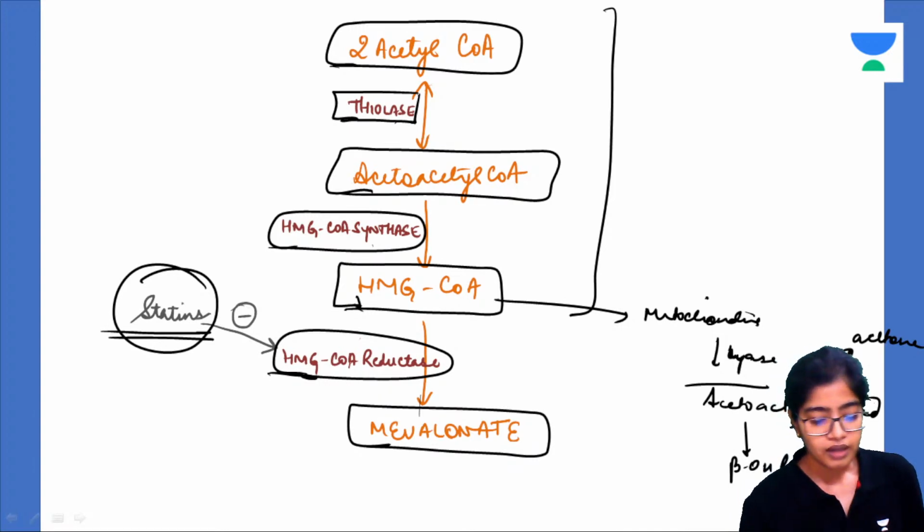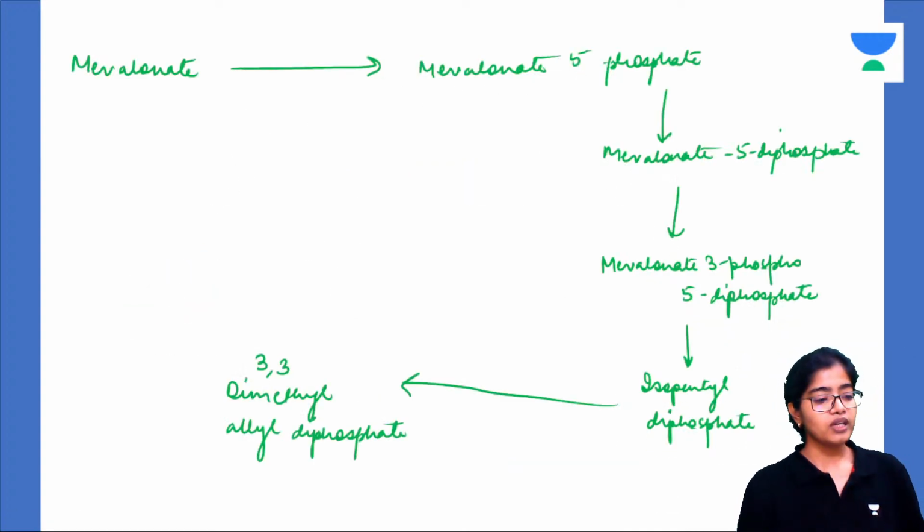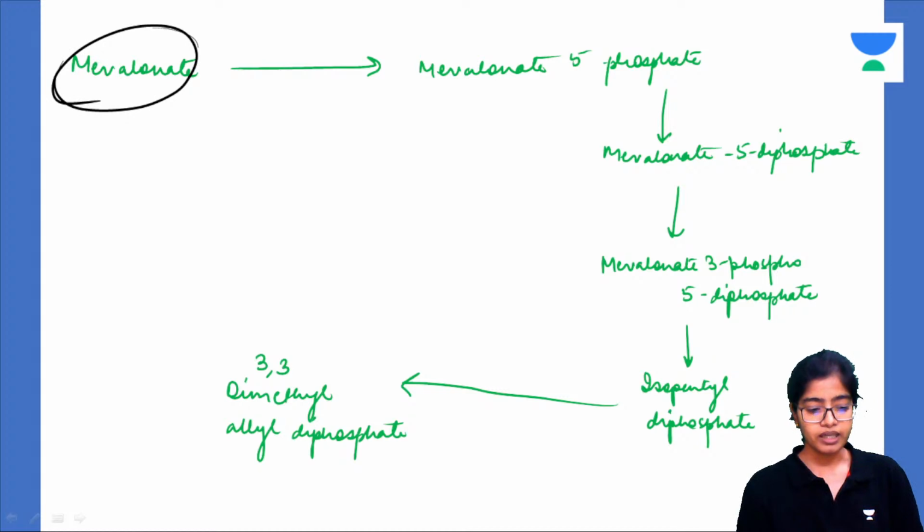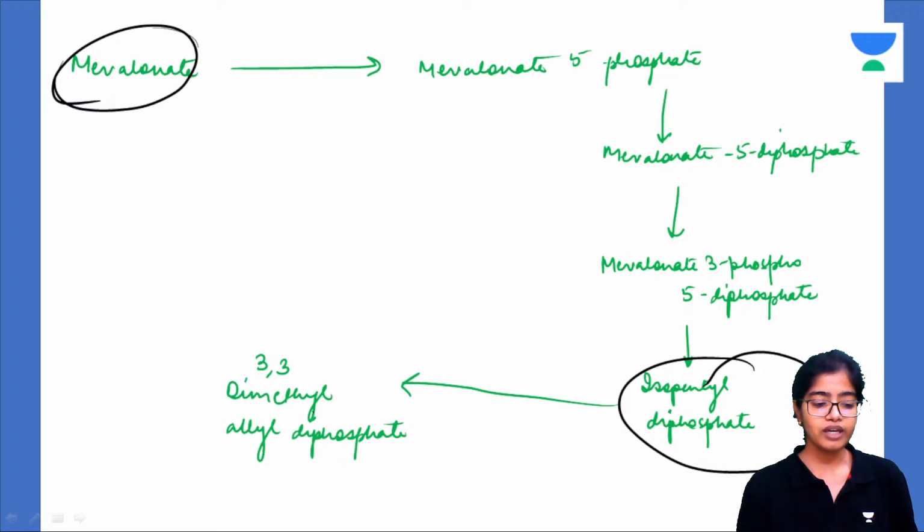Got it? Understood? Okay, now the second step is how mevalonate is going to form isoprenoid units. What are these isoprenoid units? Isopentyl diphosphate, which can spontaneously isomerize into another isopentyl unit, 3,3-dimethyl diphosphate.